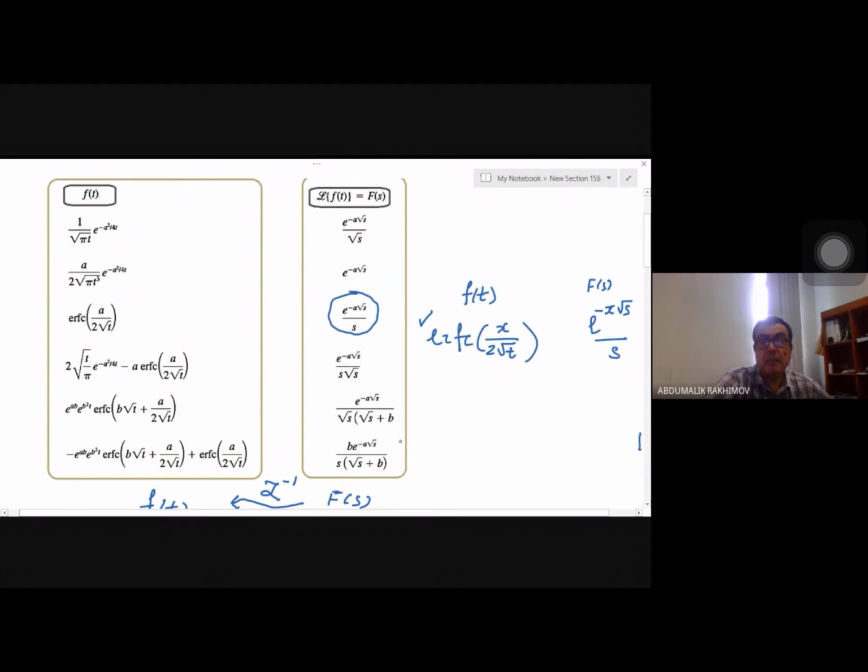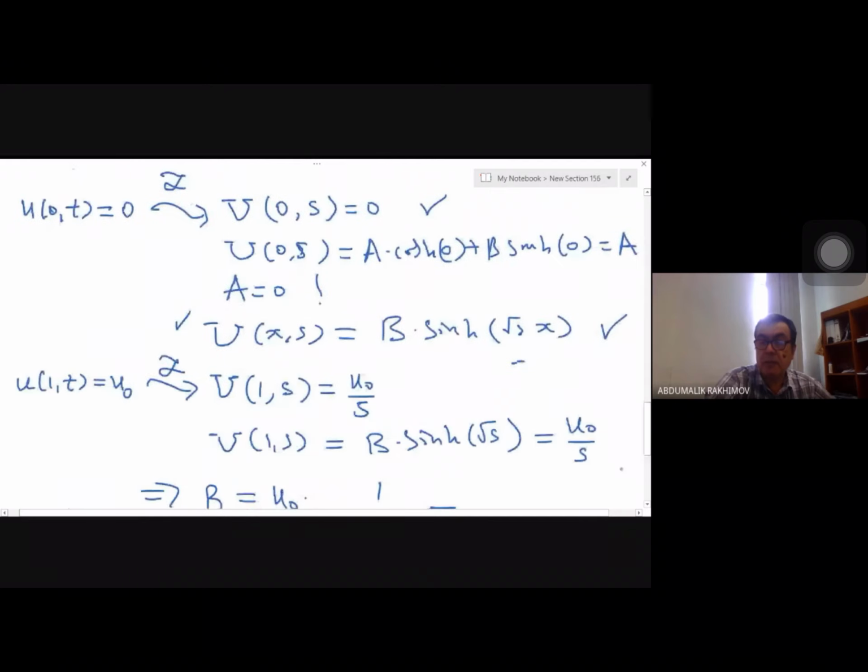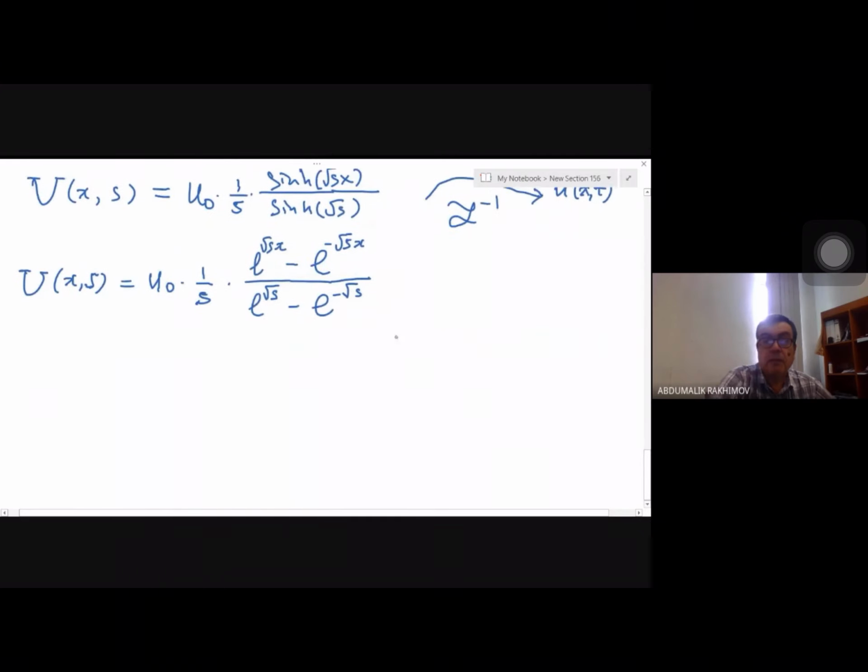So I must make changes in my formula, and I will try to write it as exponential of something over s. Because I actually have here exponential root of a s, and I know what a is: here a is minus x, here plus x, here 1, here minus 1. So hopefully we can bring it to that form, right? First of all, what I don't like is the denominator. So let me take out this exponential outside.